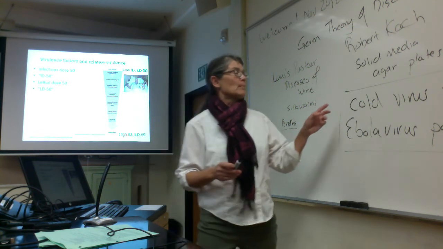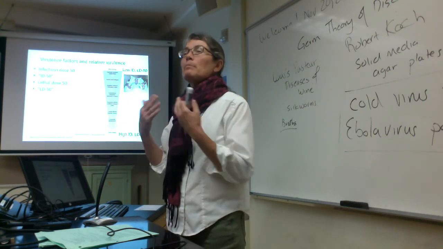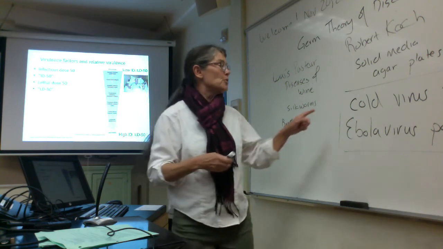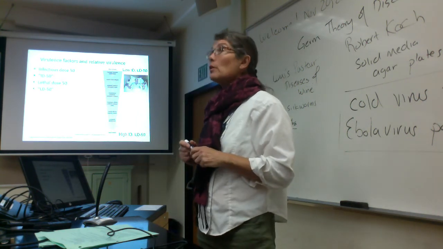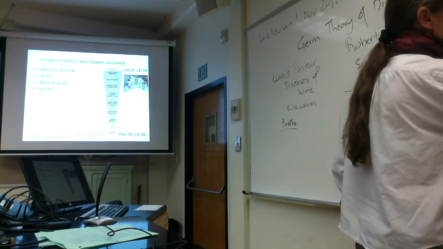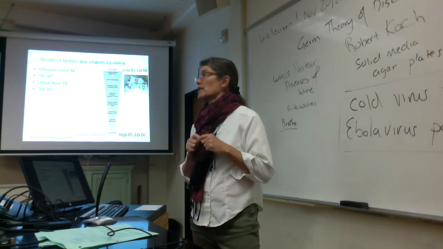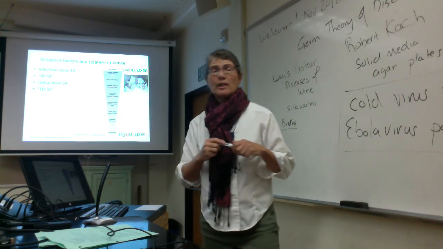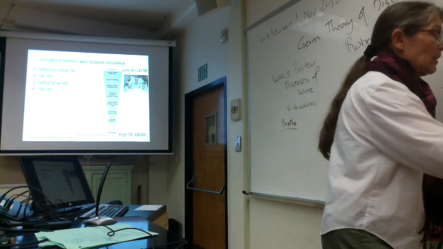Okay, so you guys, if virulence is a measure of how much damage the microbe can do, maybe the potential to kill you, would you describe the cold virus as high virulence or low virulence? Low virulence, good. In contrast, folks, how would you describe Ebola virus? High virulence or low virulence? Really high virulence, yeah?